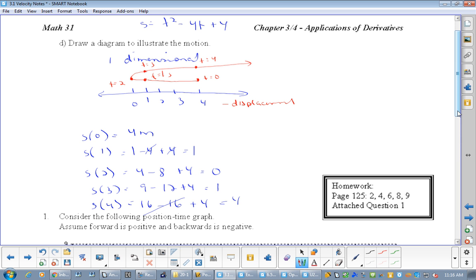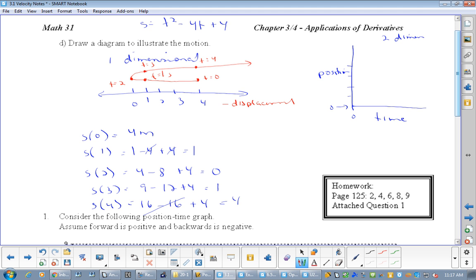Now, just to give us some perspective, right? Let's do a 2D. So this is a one-dimensional. Let's do a two-dimensional. So you can kind of see. So this will be position. And this is time. Okay. And this would be 0, 1, 2, 3, 4.